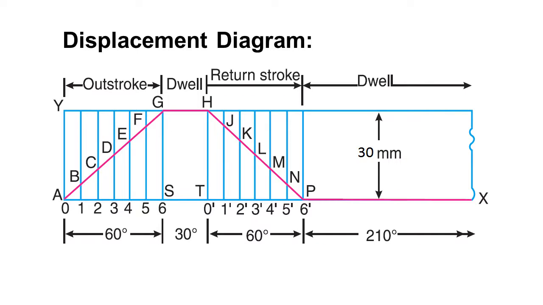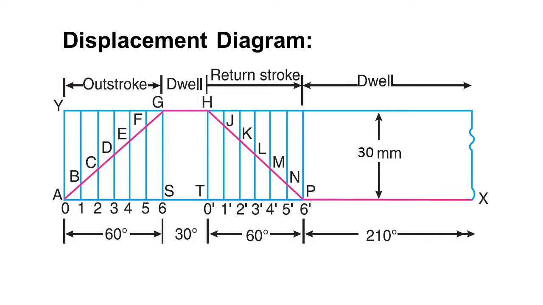Now you see this starting point, I have marked as A. The point where this curve has intersected the first vertical line I have marked as B. Wherever the curve has intersected the second vertical line I have marked as C, the third vertical line as D. This is E, F, G, H here, J, K, L, M, N and P. I and O are not marked because those may be confused with 0 and 1.